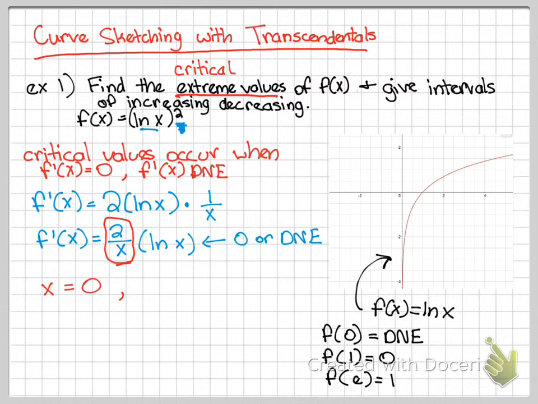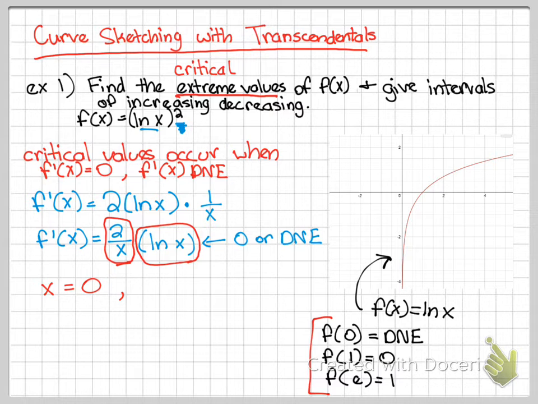The next part I have to look at is, what about ln of x? When is that 0? So there's a few important points that you need to know on the natural log function. These 3 you would be expected to know without a calculator. So for example, the natural log of x is never going to reach 0.